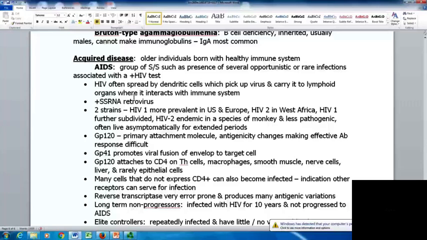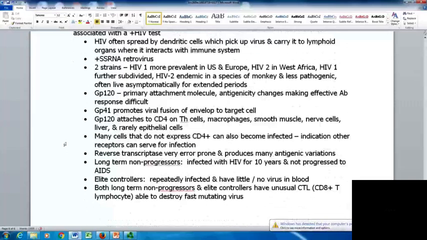There are a lot of cells that do not express as CD4 positive that can become infected, so this is an indication that other receptors can serve for infection. The enzyme reverse transcriptase that is characteristic for this virus is very error-prone, so it will produce many antigenic variations.